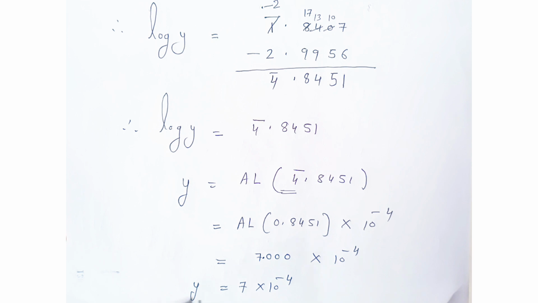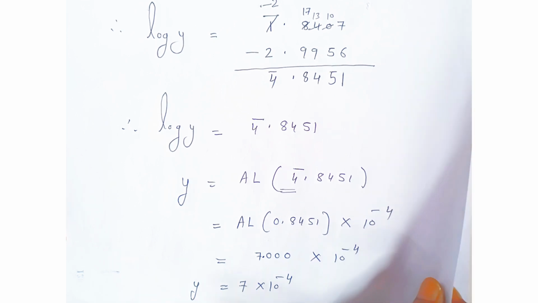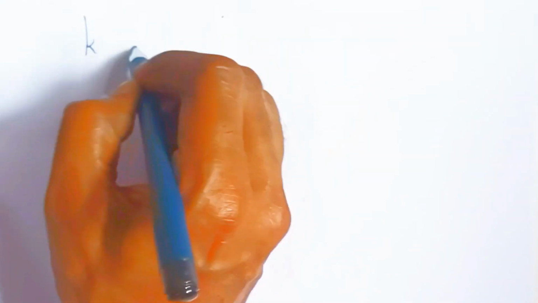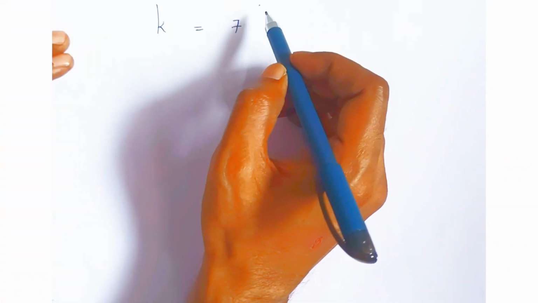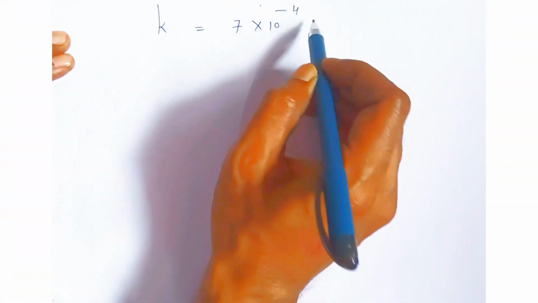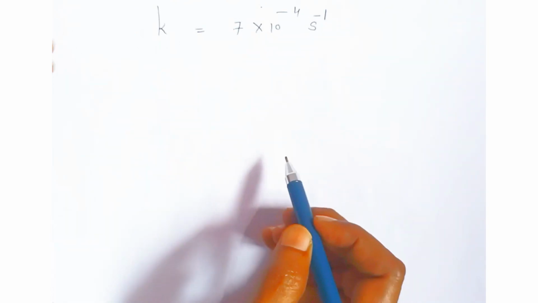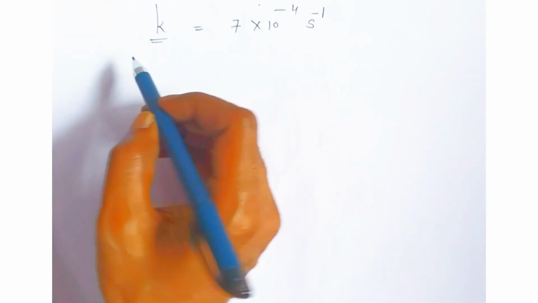Now put this value of y in equation 1, students. So you will find the rate constant k will be 7 into 10 raised to minus 4 second inverse. Now once you have got the value of k, put it in equation 1.